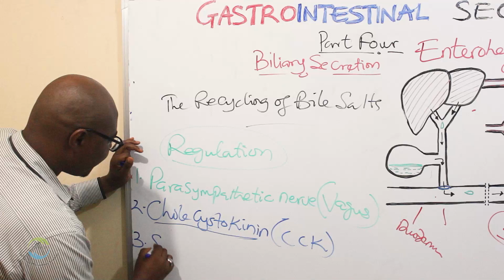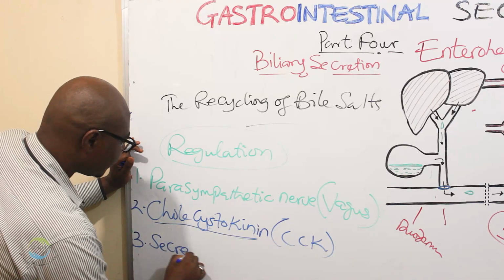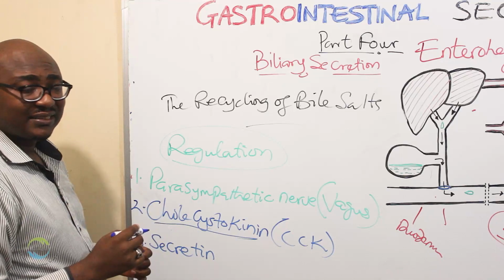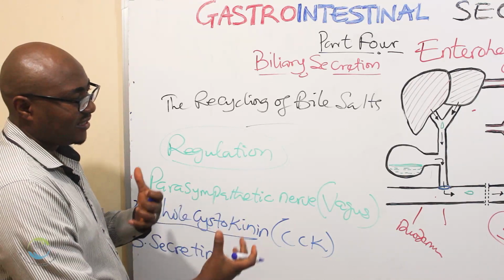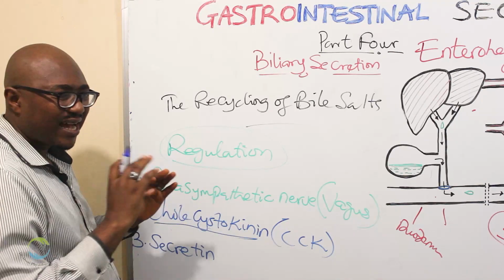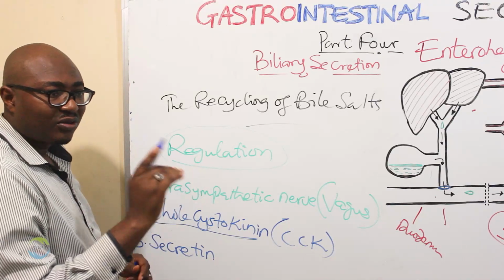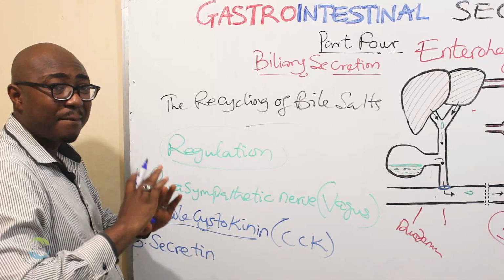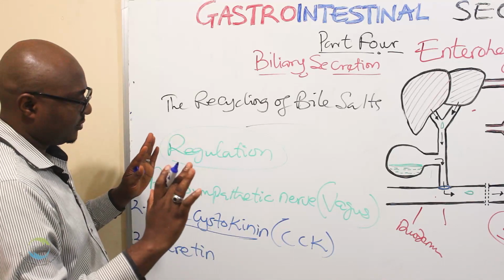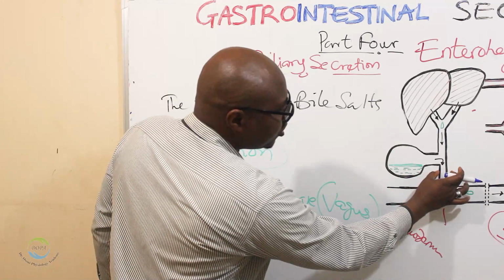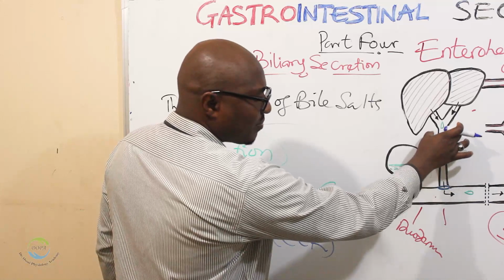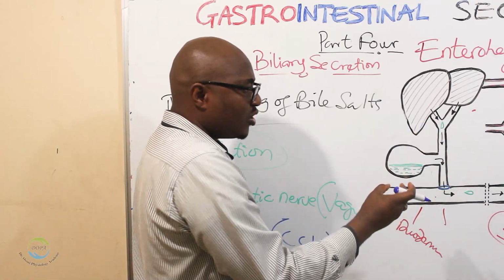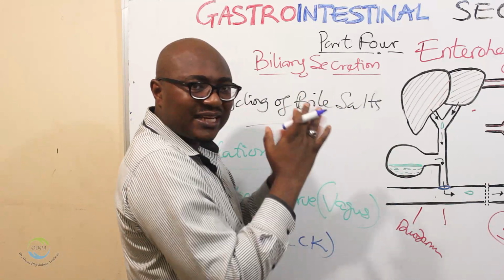Then there's another one that happens. Another very important hormone, secretin. What this one does is that it stimulates ductal secretion. And ductal secretion contains what? Mainly water, electrolytes and bicarbonate. So all these ducts, we always talk about common bile ducts, cystic ducts, and so on. All those ducts have ductal cells.